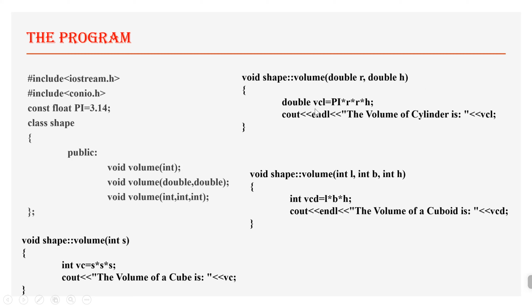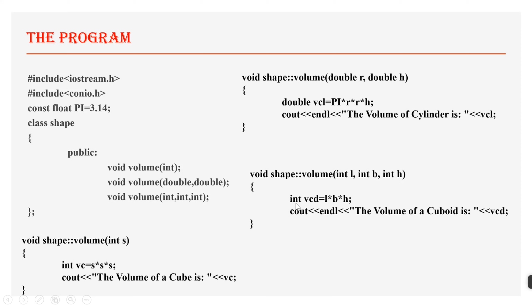So double VCL. Here I am declaring a new variable which is equal to pi r square h, which means the formula of a volume of a cylinder is pi r square h. So now I am displaying it as an output. VCL is a volume of a cylinder.